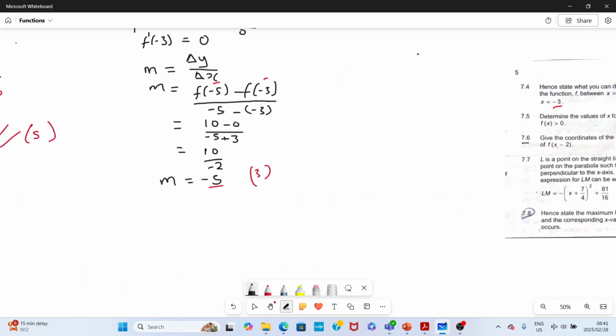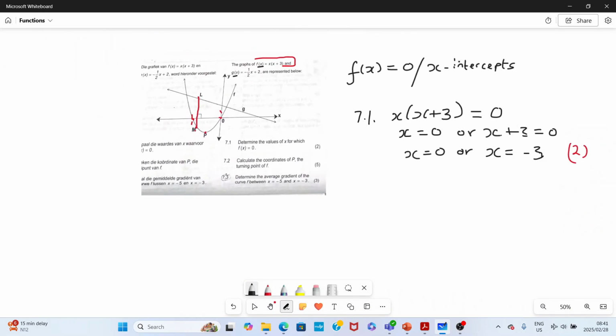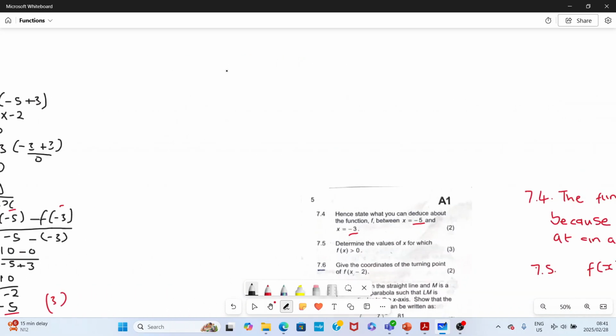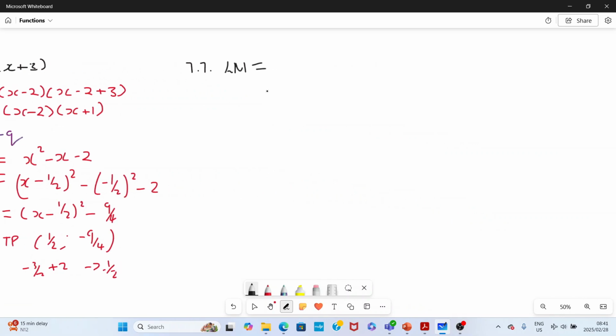At this point here, the function of g is above the function of f. So to find LM, we can say g of x minus f of x.